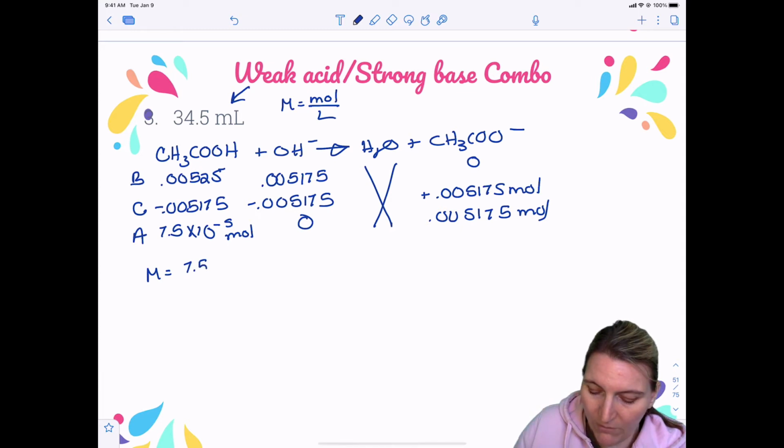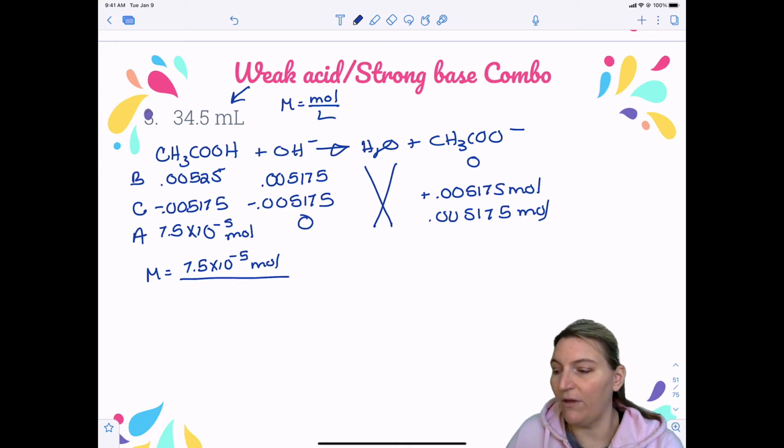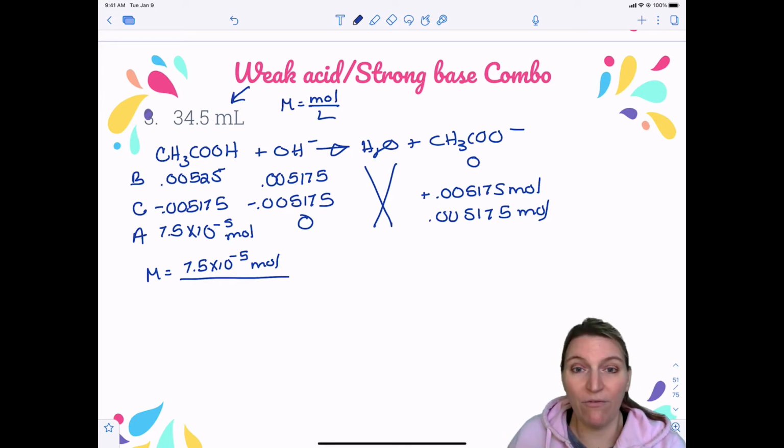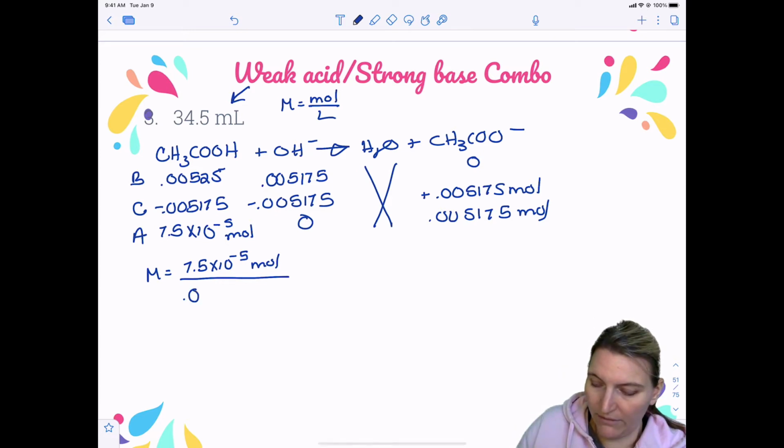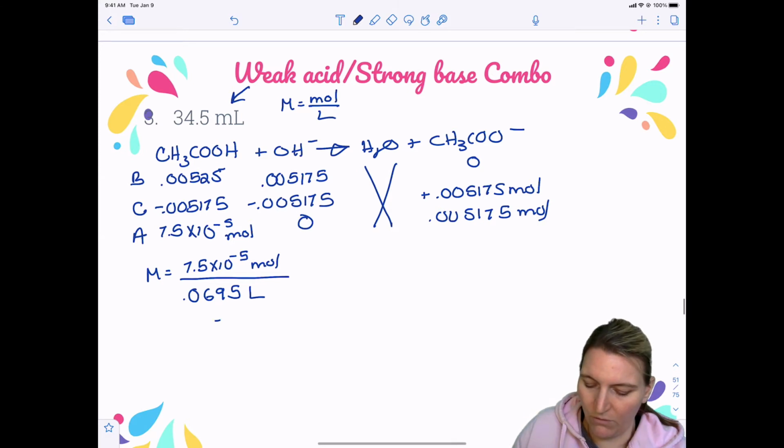So it would be 7.5 times 10 to the negative 5 moles, and then the 35 milliliters plus this 34.5 milliliters is 0.0695 liters, right? So the molarity of my weak acid is 0.001079.